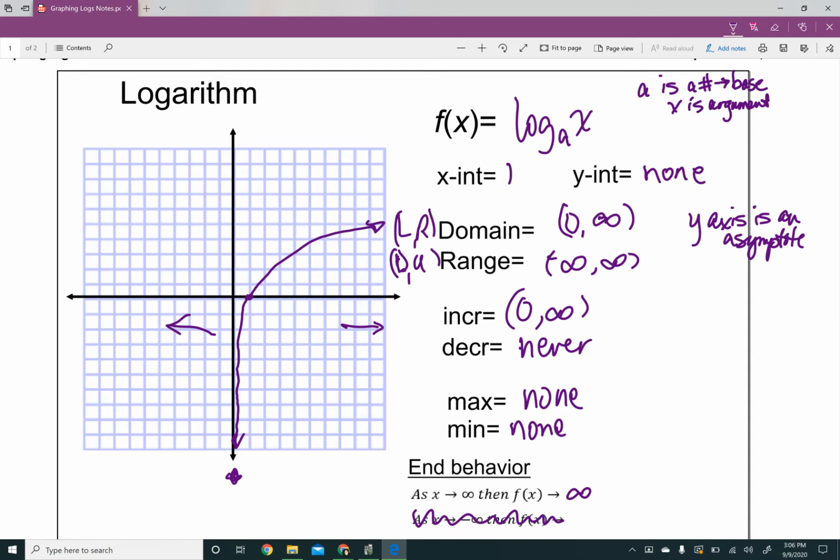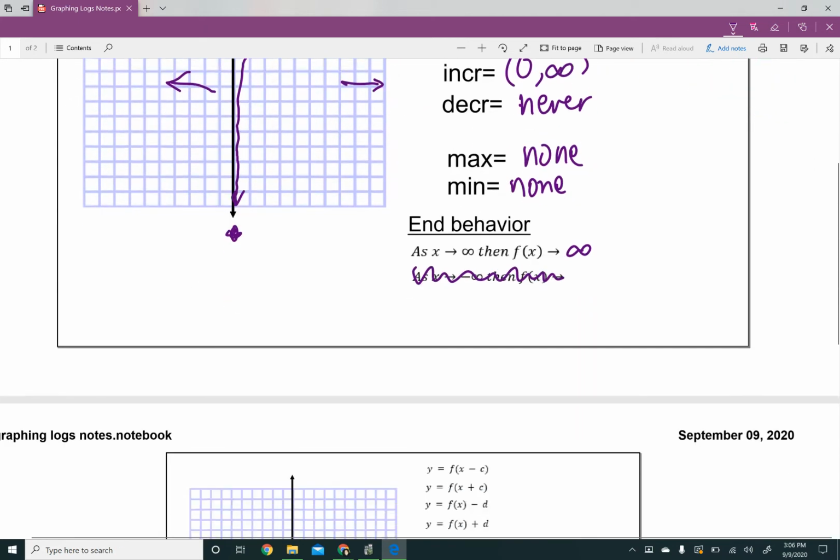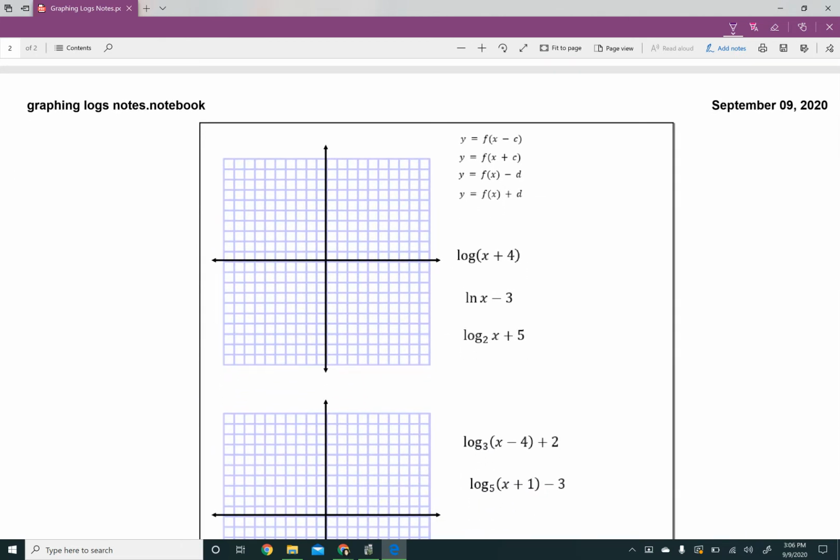Now, when we're talking about logarithm functions, this graph can be flipped and turned and all kinds of things, and all of the transformation rules we did before apply.